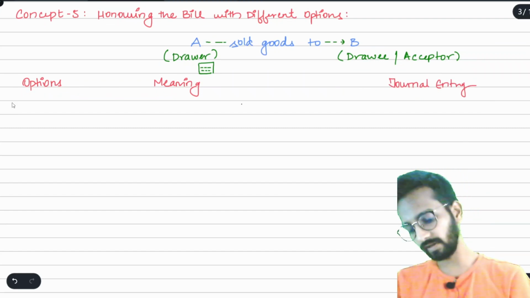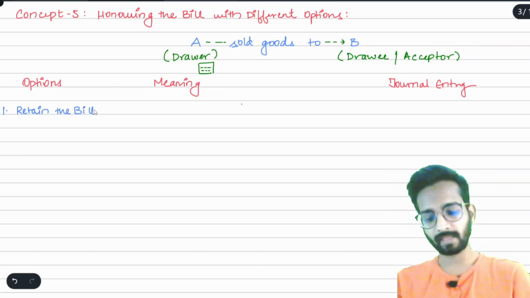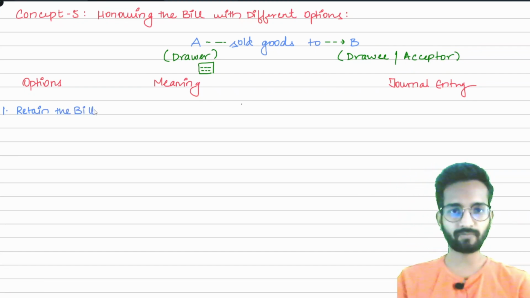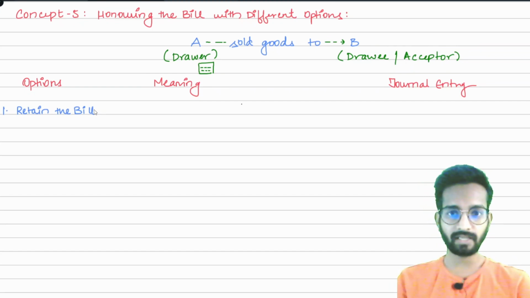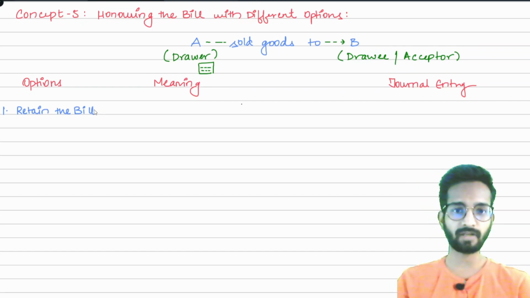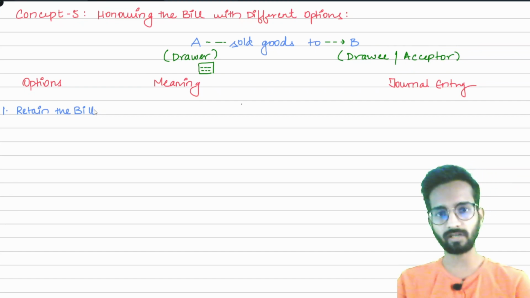The first point we have here is what A can do. A can retain the bill. Retain the bill. What does it mean? A got the bill signed from B for 2 months. So for the next 2 months, A has that bill. Now after completion of 2 months, on the due date, A still has that bill. A takes that bill and goes to B, and then B pays the amount.